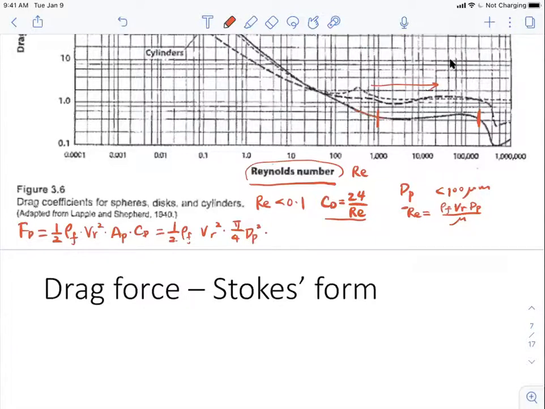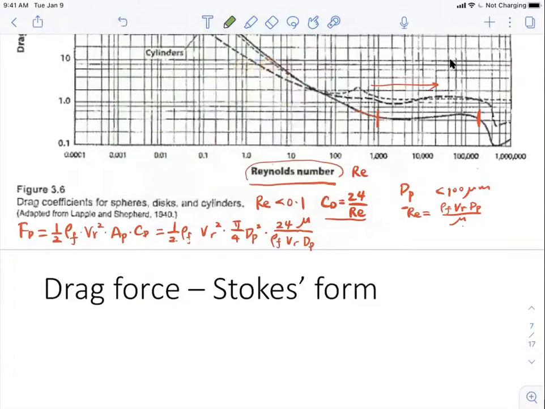And then for the CD, that's 24 over the Reynolds number, so that's 24 divided by rho F VR dP, and then the viscosity goes to the numerator. You have mu here.